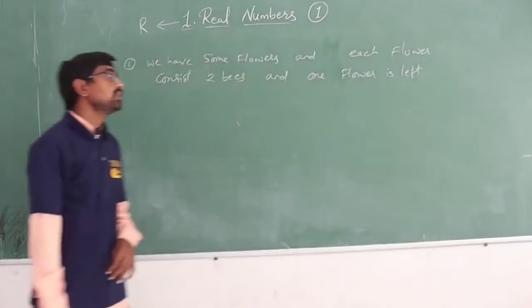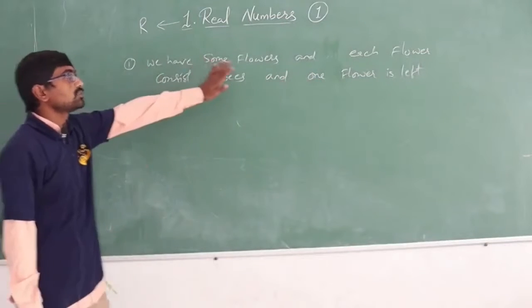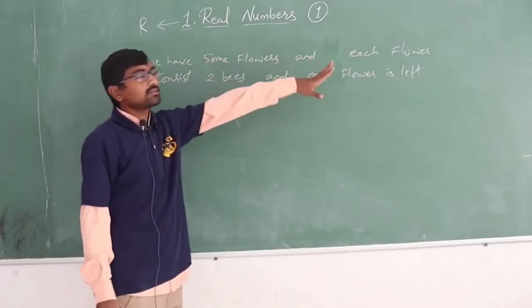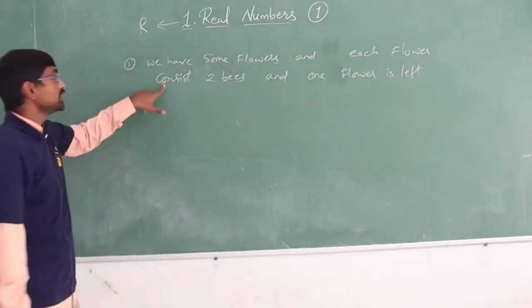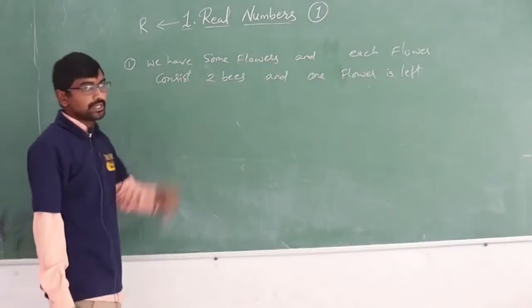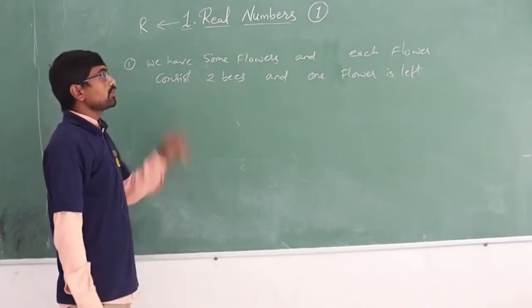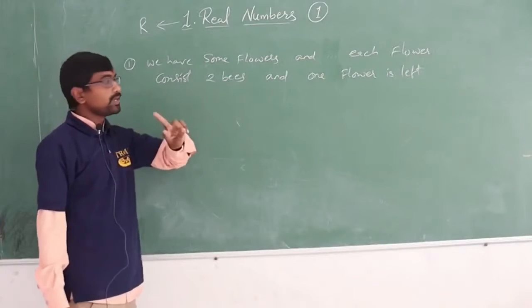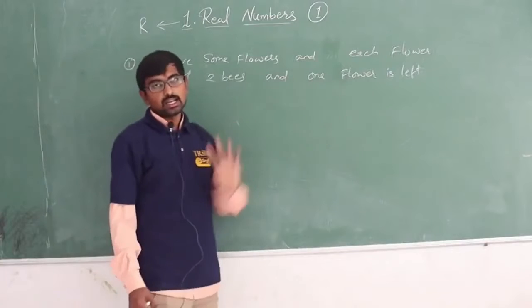In a garden we have some flowers and each flower has 2 bees. So if each flower consists of 2 bees, one flower is left.